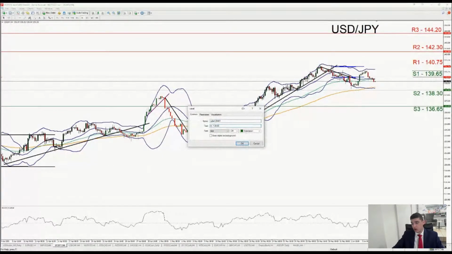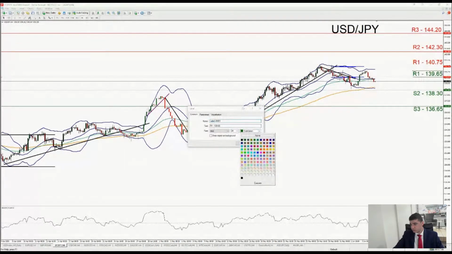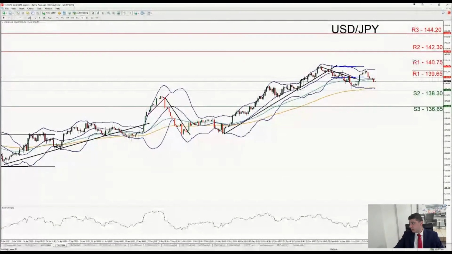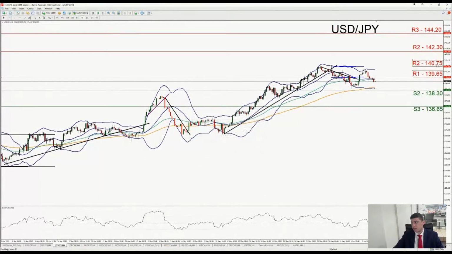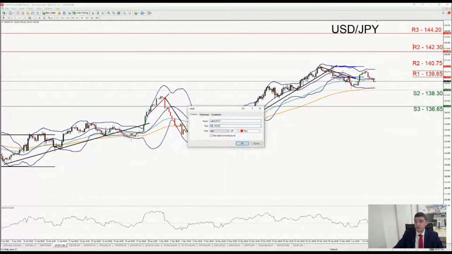So this becomes R1. R2 will be our previous R1 level, still validated, so it maintains its status as R2. And then prior R2 will now become R3.